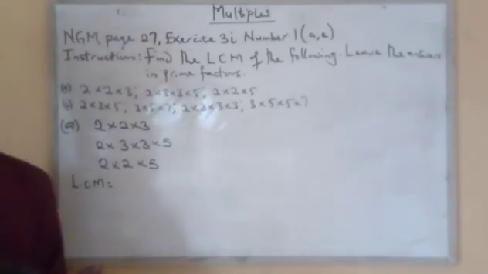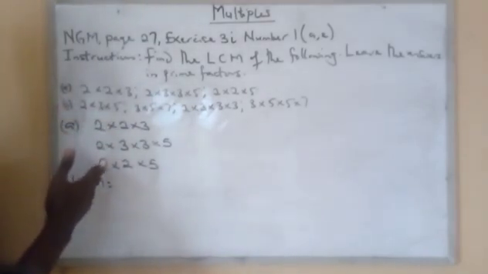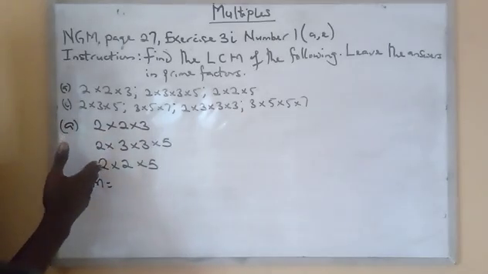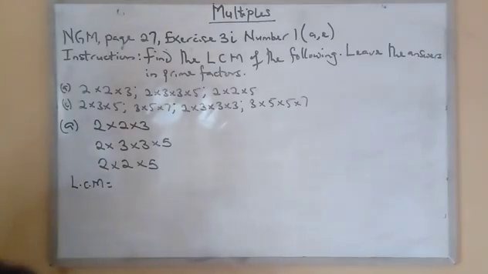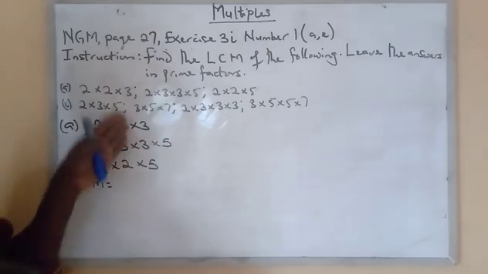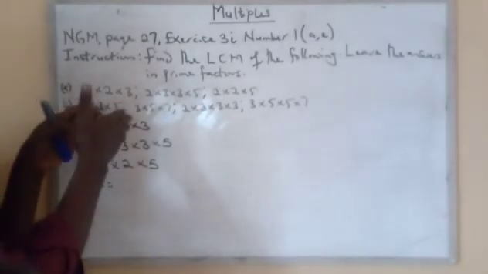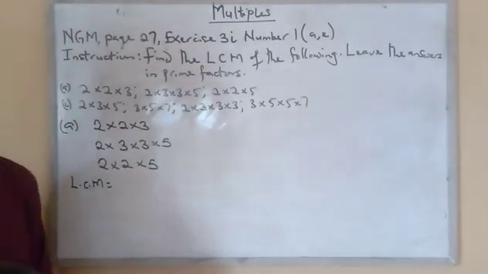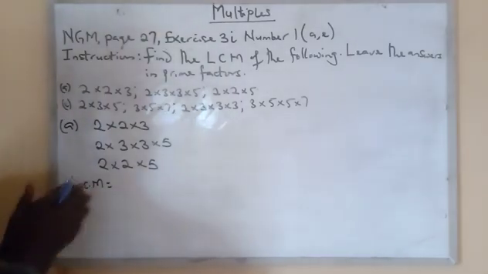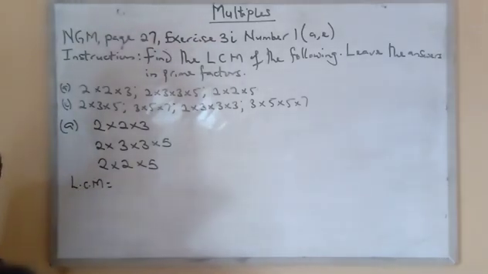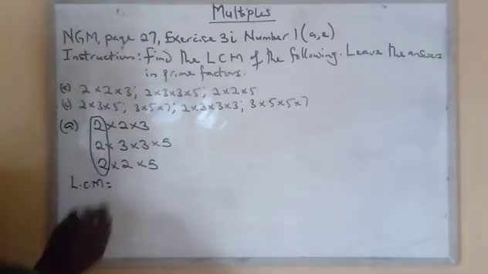If it is highest common factor, we will just pick the number that is common to all of these 3 expressions. We say 2, we take 2, then no other number is common to the 3 expressions. So we will say that the HCF of these 3 expressions is 2. But when we say lowest common multiple, which is LCM, we will take these 2 also as 1.